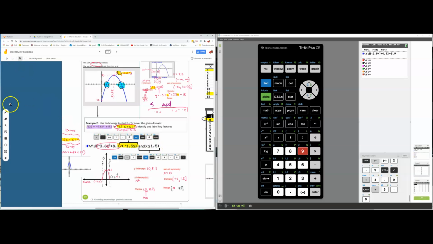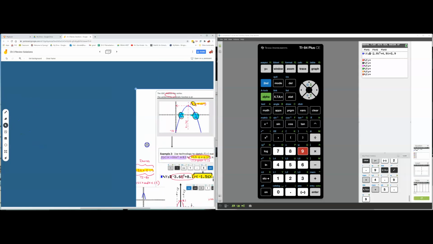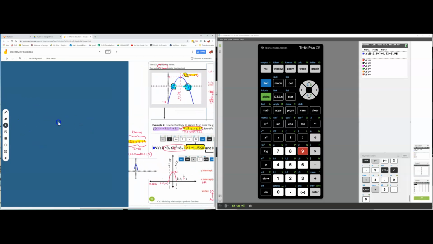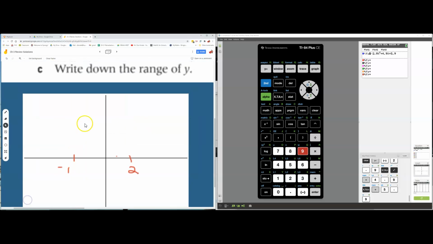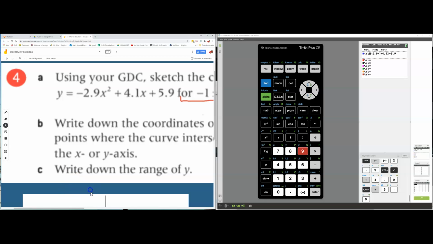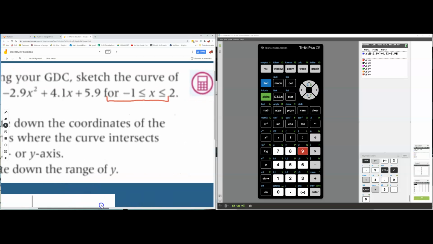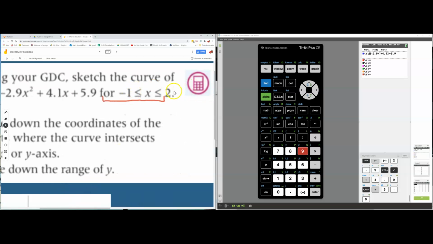Because that's the restriction here on our domain, from -1 to 2.